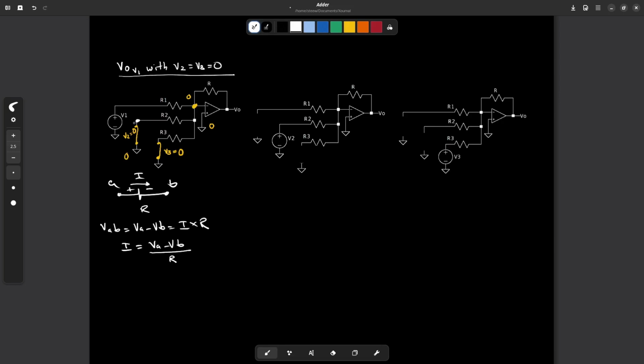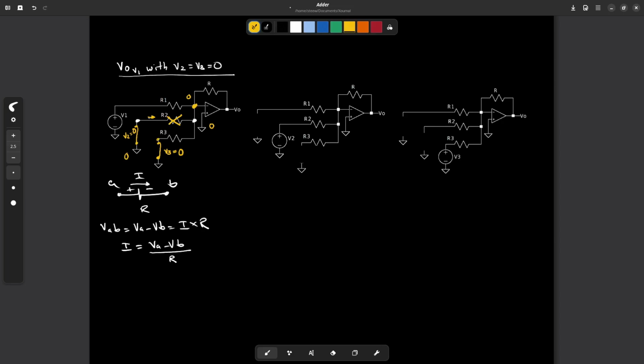In this case, this node is at 0 volt. This node is at 0 volt. So the current flowing through R2 equals 0. So it is as if it didn't exist. So we can take R2 out of the circuit. The same happens with R3.